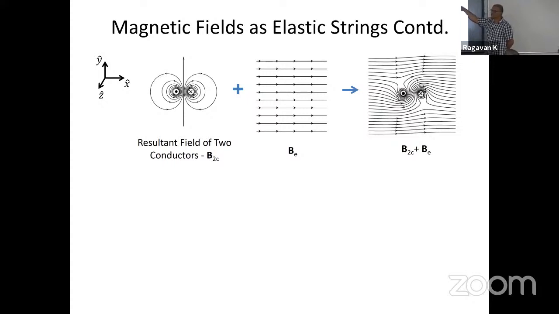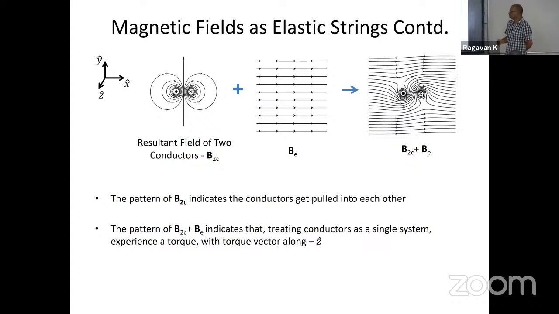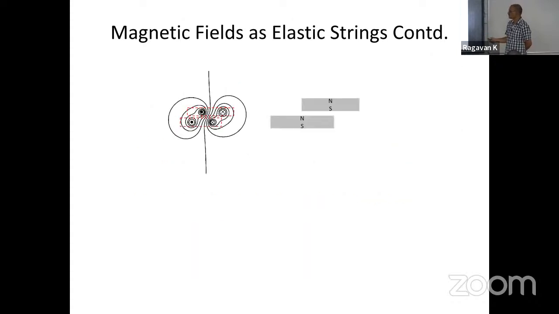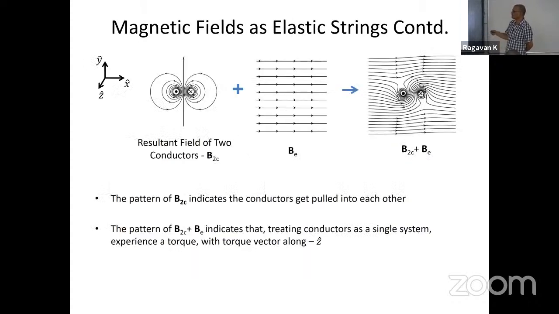If you treat this as a system, like you bind them with a rod, some non-affecting rod, then it is feeling a torque, right? So that last one I just wanted to add in addition to what you are saying. So the torque, if you assign a vector to it, is along minus z hat, into the page.